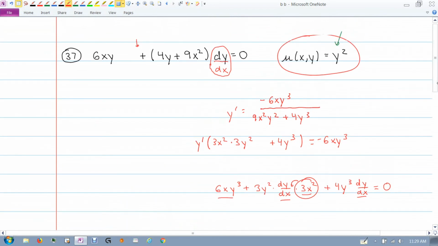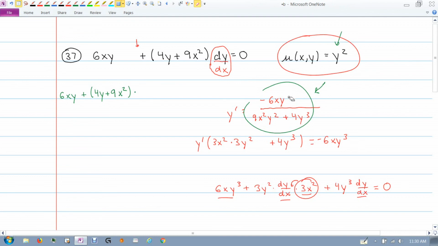Okay, so now, coming back up here, let's check this. If I put 6xy plus 4y plus 9x squared times this, we see that every one of these terms has at least a y squared.